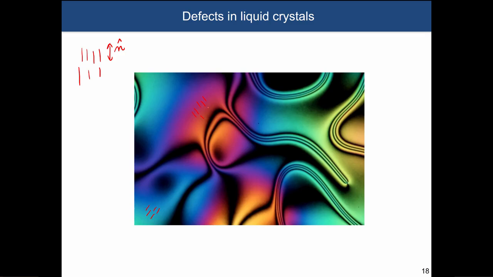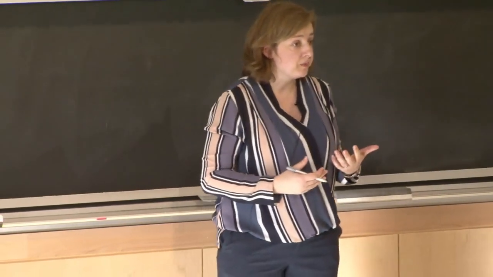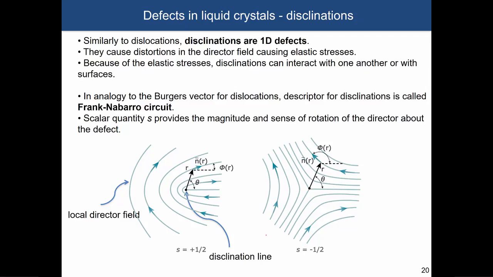And these types of defects, these interfaces, tell you what are the borders between different regions of the material that have different directors. And these are called disclinations. So disclinations are defects in liquid crystalline materials, which are also considered to be one-dimensional defects.